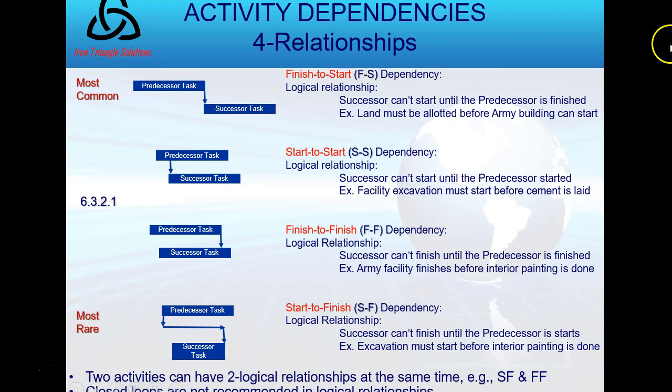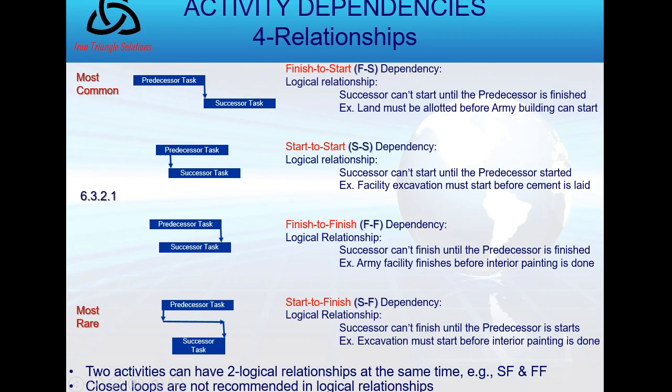Okay? So there you go. Dependencies and relationships and how they are tied together. Two activities can have logical relationships at the same time. They can be finish to finish, and also start to finish. There are examples of that. I think that's beyond any exam at our level.